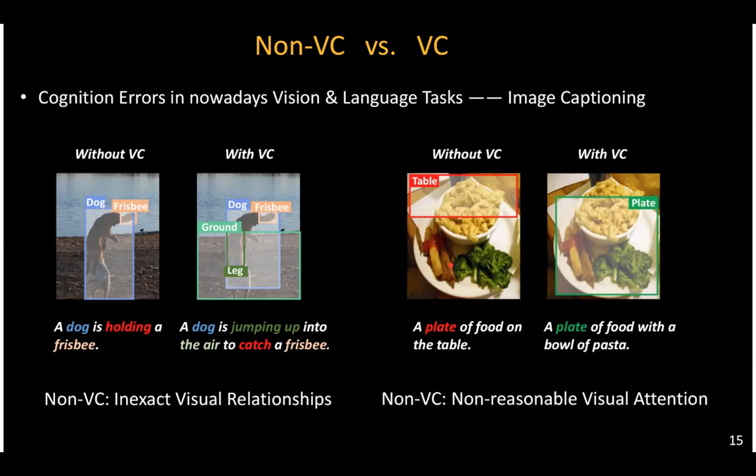That's why we learn this association. But if we have common sense that the plate is for food, and we can capture this in our model, then it is more useful that we also include the food in this plate.